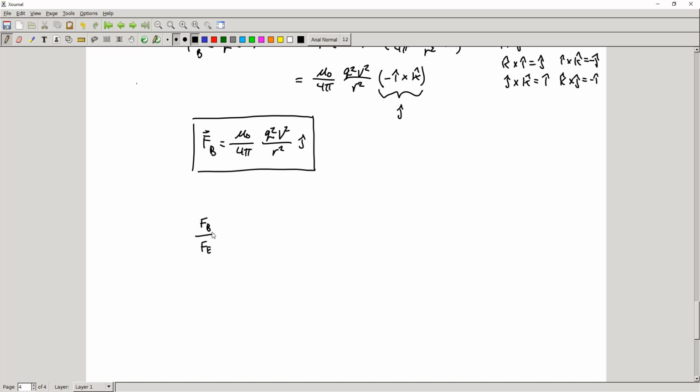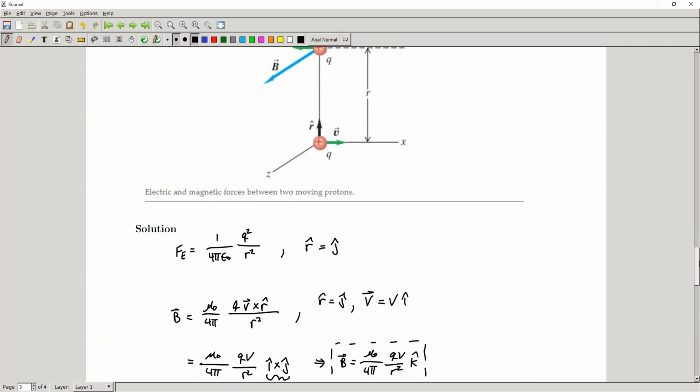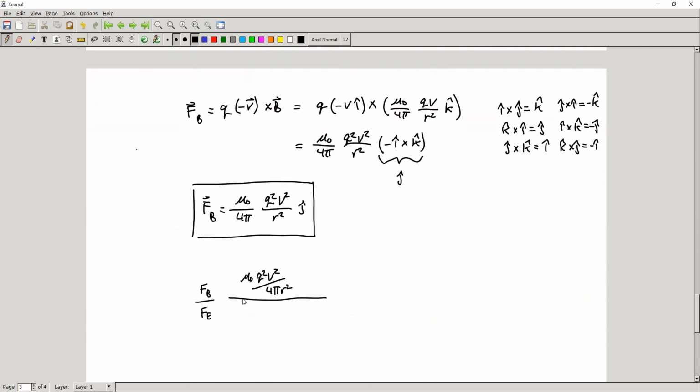So the magnitude of our magnetic force experienced by the top proton due to the bottom proton, over the electric force experienced by the top proton due to the bottom proton, right? So we just write out those whole expressions. We're going to end up with mu naught q squared v squared over 4 pi r squared, over our expression for the electric force, which is q squared over 4 pi epsilon naught r squared.